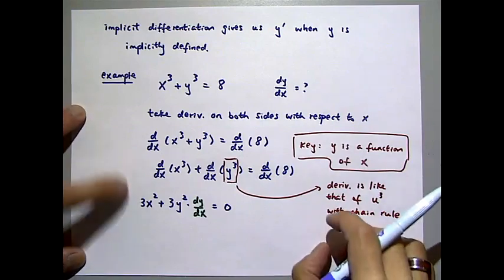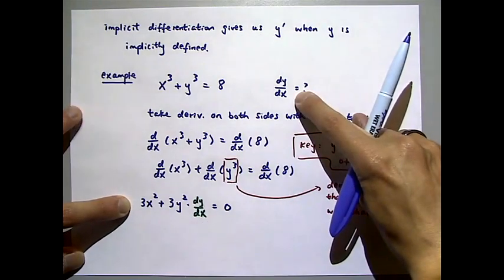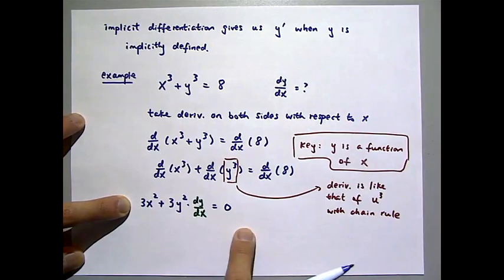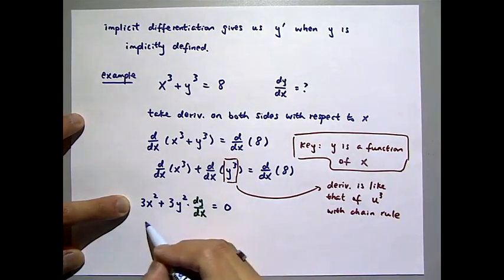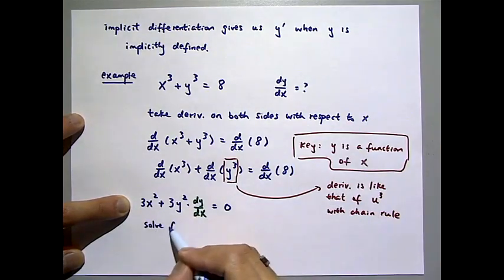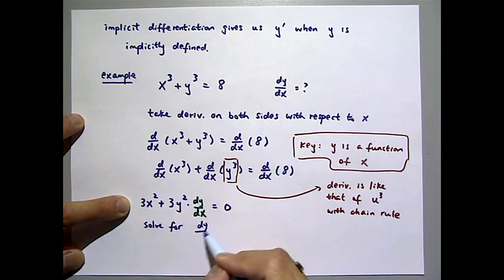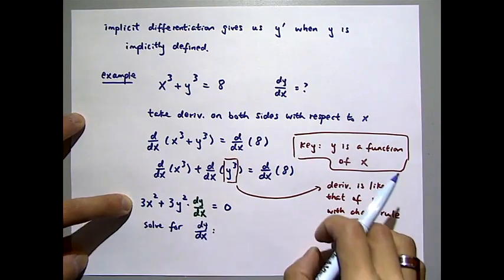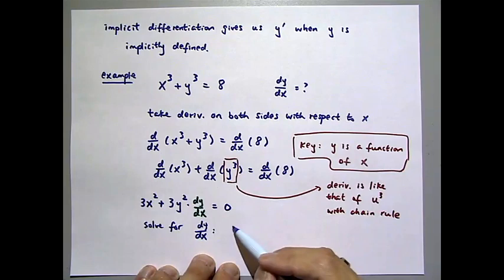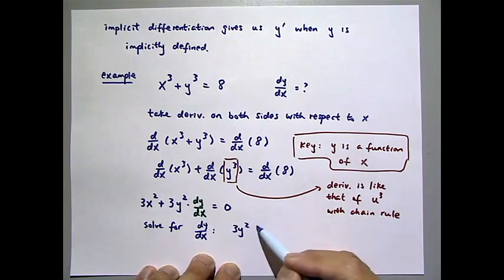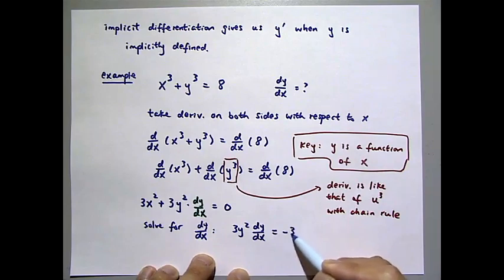Okay, now go back to the original question. We want to know what dy dx is equal to. From here, we can find it. Just do simple algebra. We get 3y squared dy dx equal to negative 3x squared.